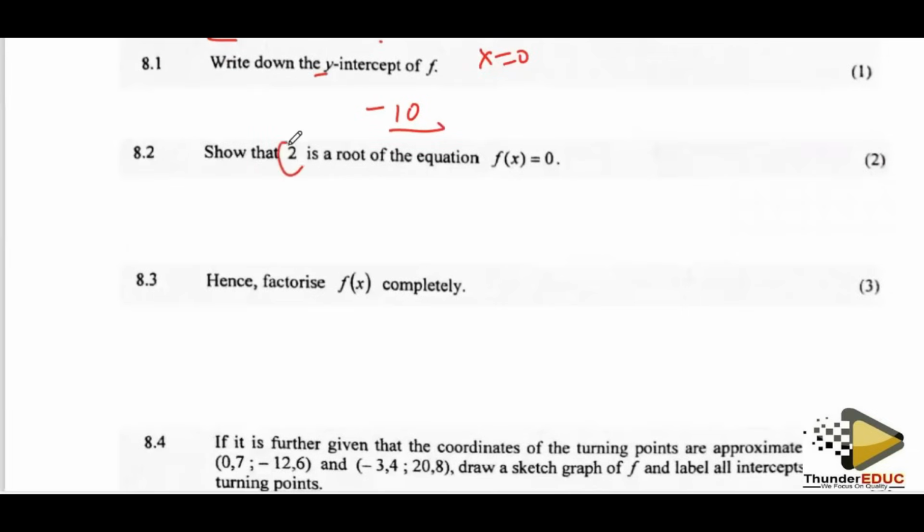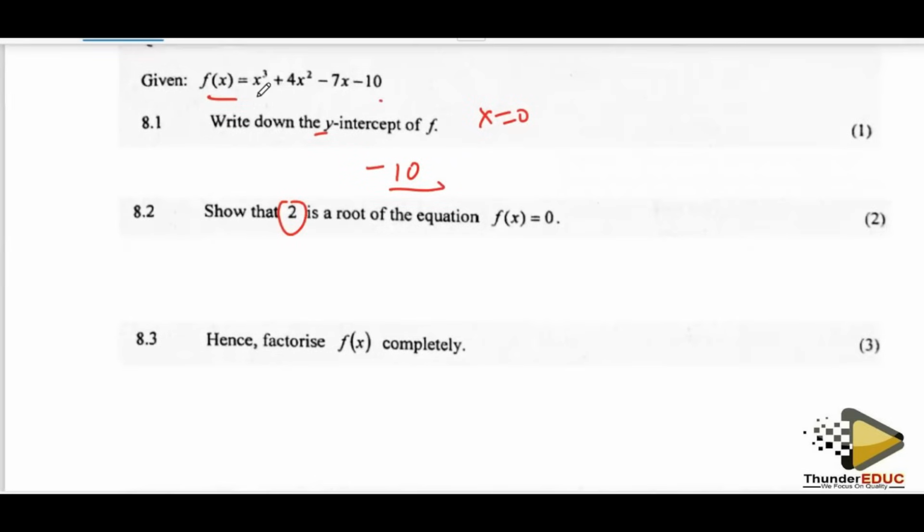Then show that 2 is a root of the equation. So for a number to be a root, if we substitute that number into the function, we must end up with a 0. And if that is true, then that number is a root. So let's do it here. That is 2 cubed plus 4 times 2 squared minus 7 times 2 minus 10.